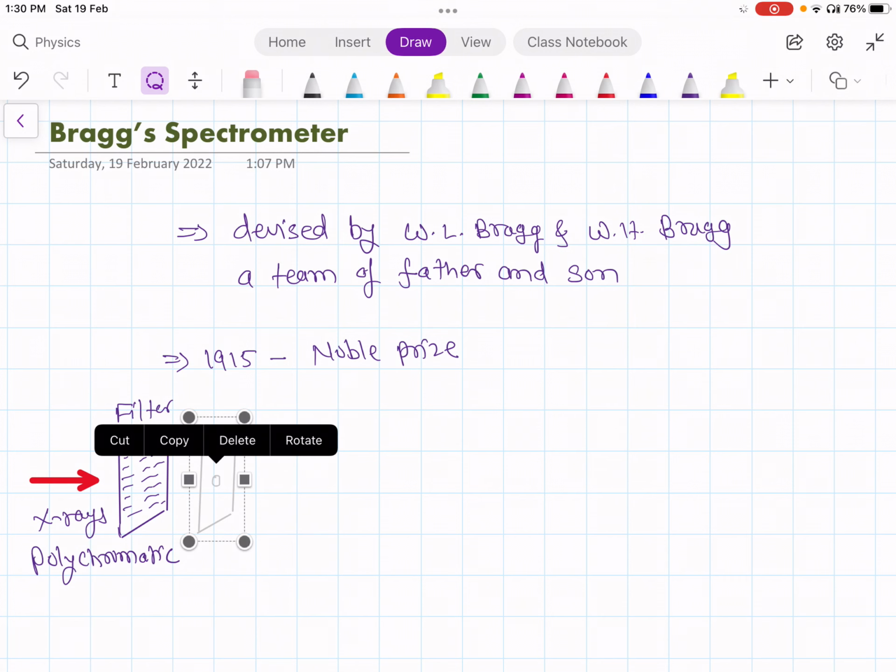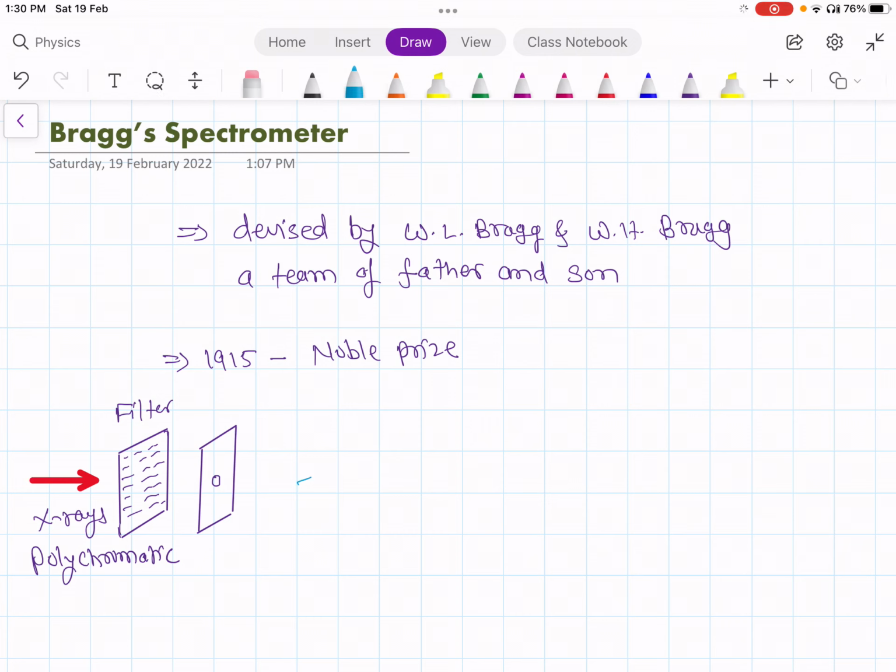We need one more, so let me copy paste it. This is the other screen. This is S1 here and S2.